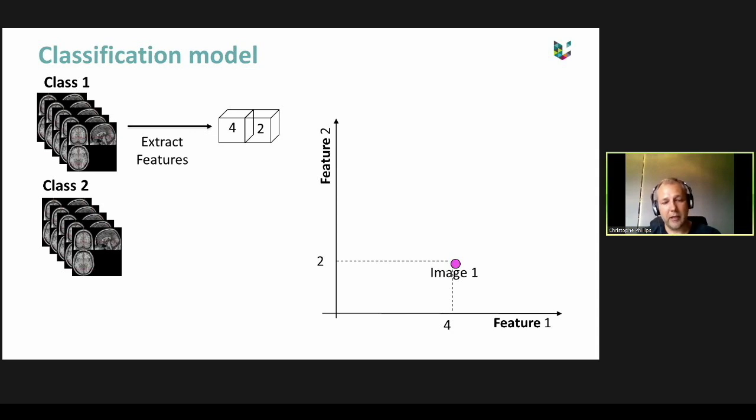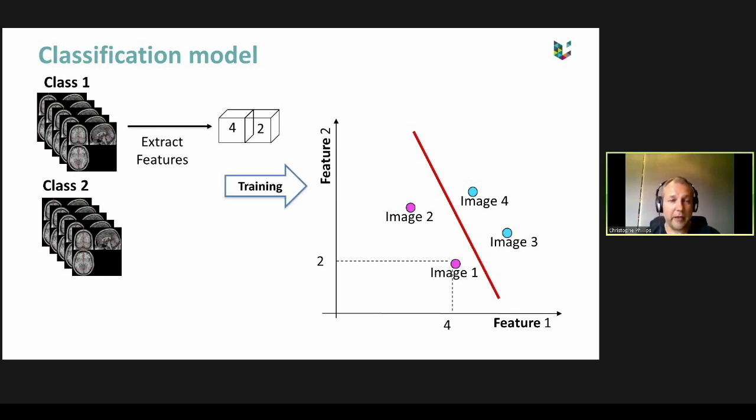I can plot that in this 2D plot, and I can do that for all the images from class 1 and class 2 here in the pinkish and the bluish points. Of course, if you were using the whole brain, this would be a space as large as the number of voxels that you are considering, which I cannot represent here on screen. The idea of training is about finding a line, a hyperplane, that would be separating the two groups of data that you have specified.